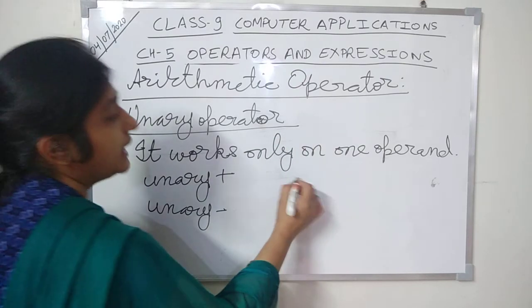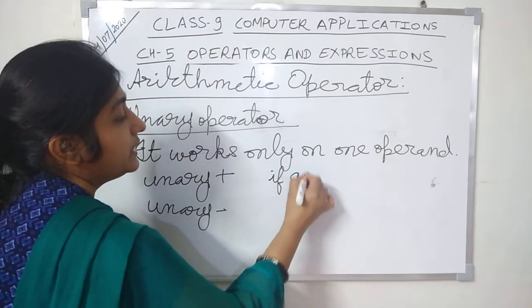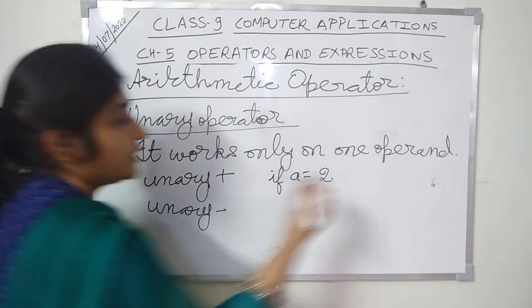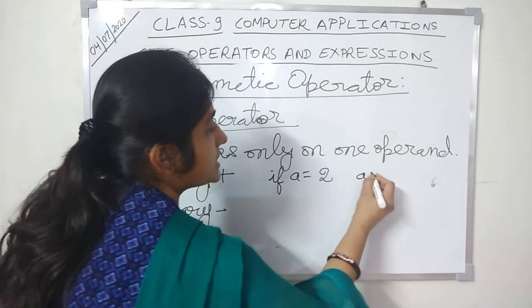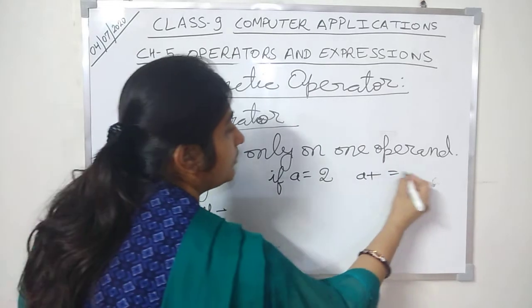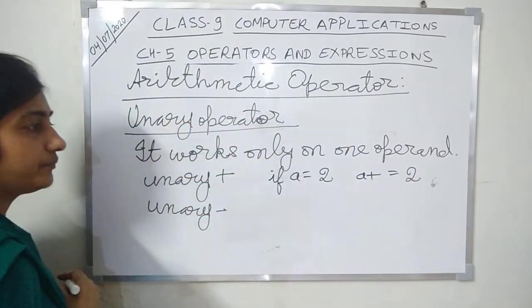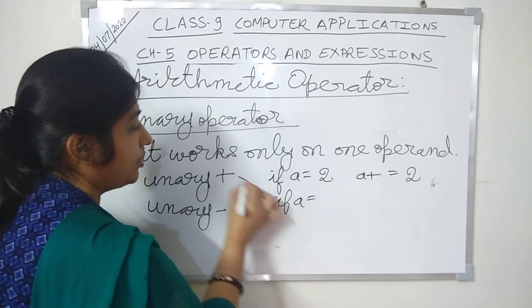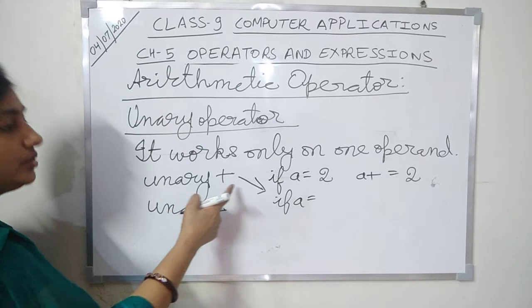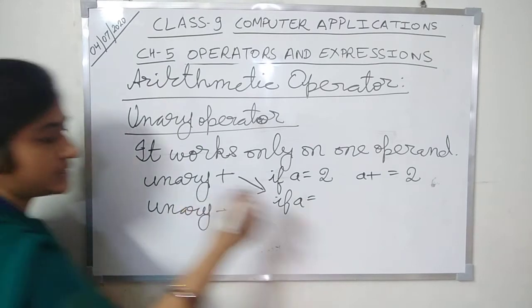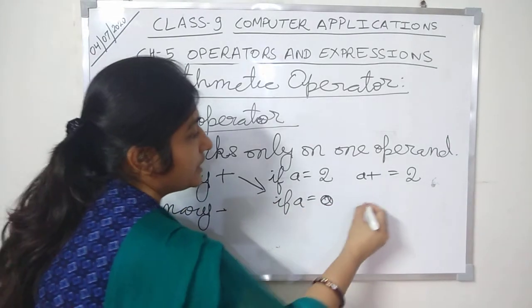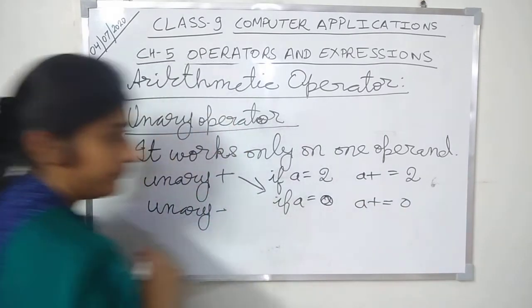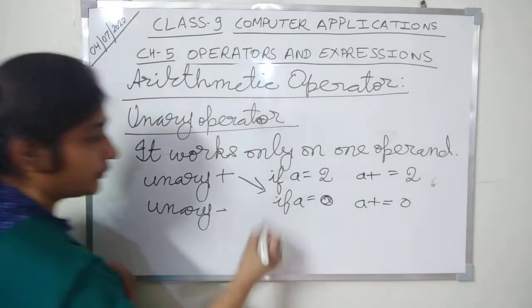Unary plus: if A is equal to 2, then unary plus A will be equal to 2. If A is equal to 0, then plus A will be equal to 0.